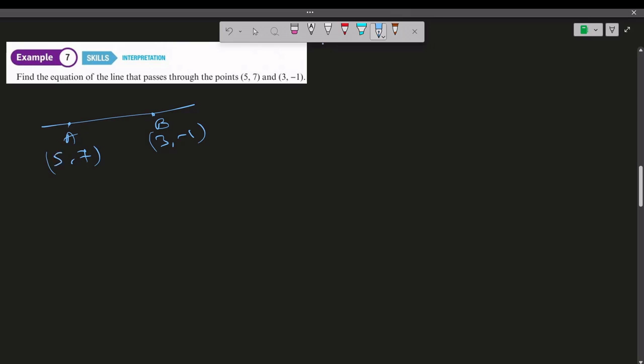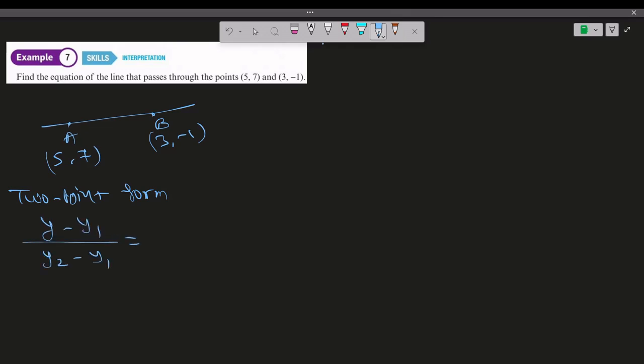Since we have two points, we will use the two-point form, which is y minus y1 upon y2 minus y1 equals x minus x1 upon x2 minus x1. Let us call B as x2, y2, and the coordinate of point A x1, y1. By the way, you can assume either one.